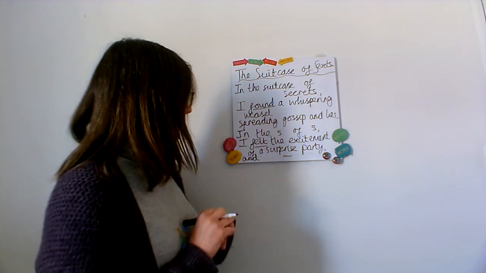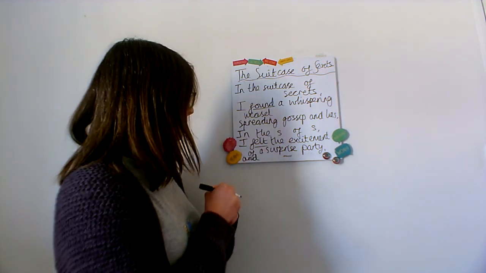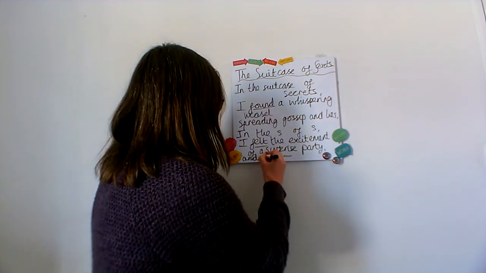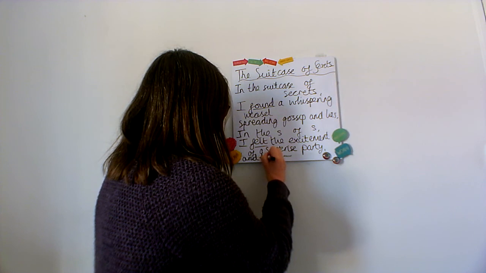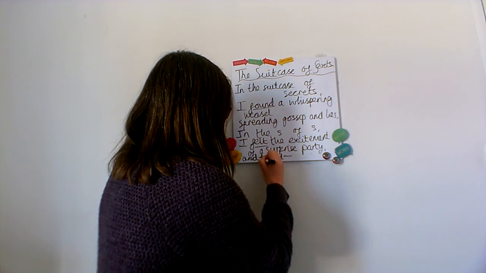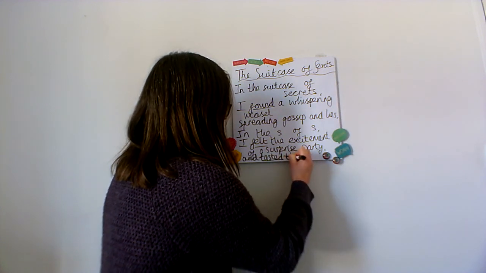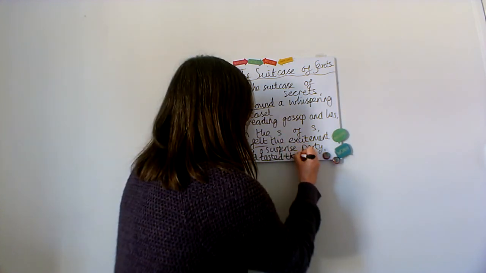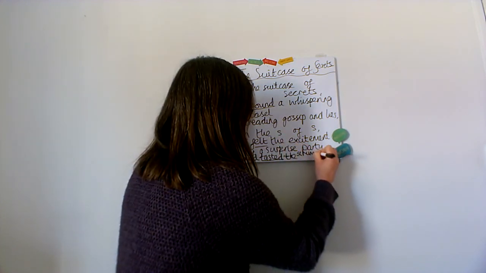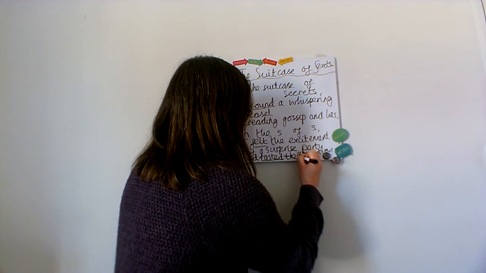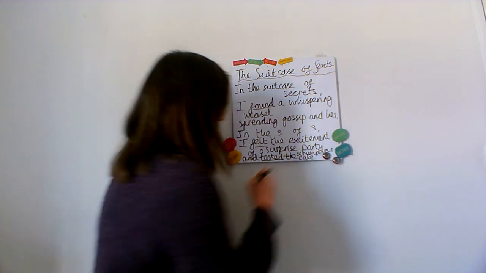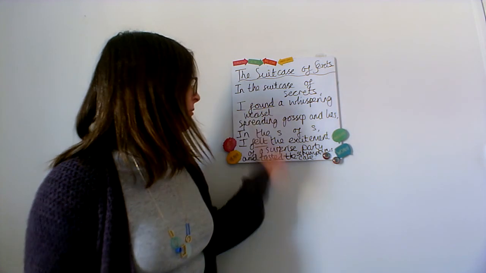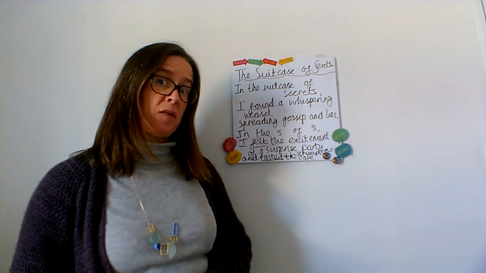In the suitcase of secrets, I felt the excitement of a surprise party and tasted the, I'm going to put scrumptious cake. I'm not that happy with that last line. I think it's a bit rushed. So I might read it through again and change that when I get to the end of the poem.